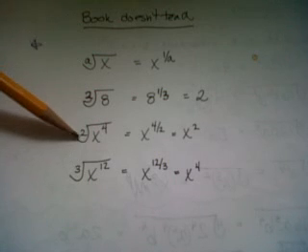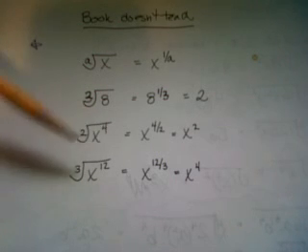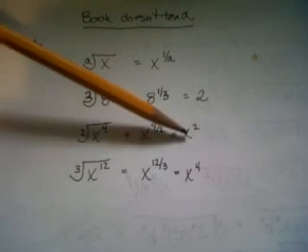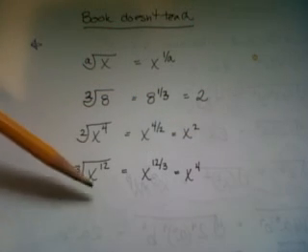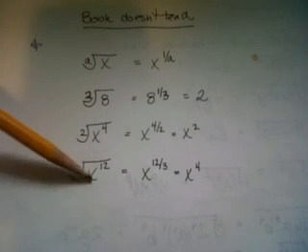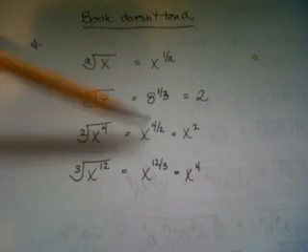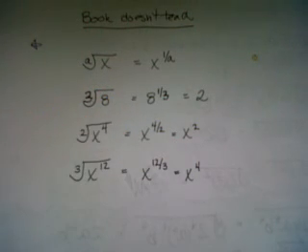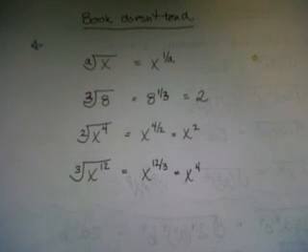But if I had something like the square root of x to the 4th, that's the same as saying x to the 4 divided by 2, which is equal to x squared. Or if I had the cube root of x to the 12th, that's the same thing as saying x to the 12th power divided by 3, which gives me x to the 4th. So that's a little trick that you can do.